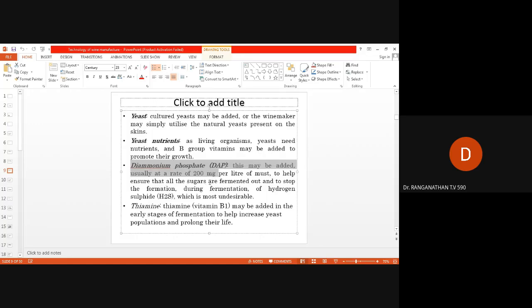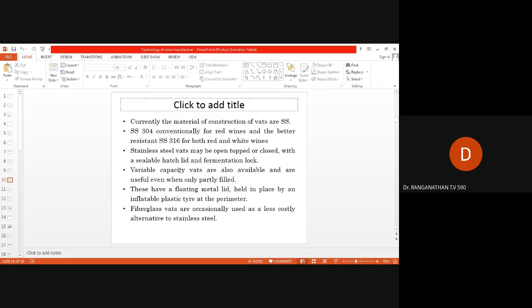This is to ensure that all the sugars are fermented out, and to prevent the formation of hydrogen sulfide. Thiamine is added to help increase the yeast population. So diammonium phosphate and thiamine are added as yeast nutrients to increase the growth of yeast.